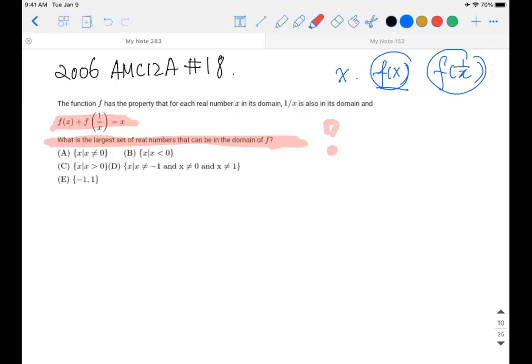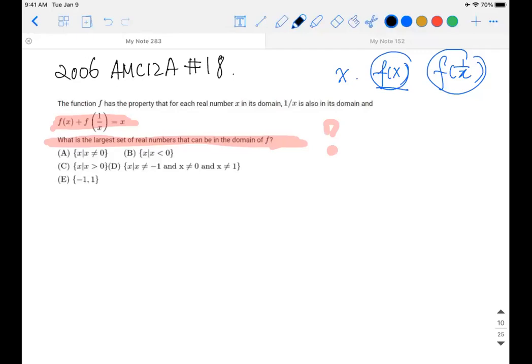A lot of students get confused because they don't really understand the question. The question says, okay, I have f(x). f(x) has some special properties already given, right? And then the question asks, what is the largest set of real numbers that can be in the domain of f(x)? So that sentence, what does it actually mean?